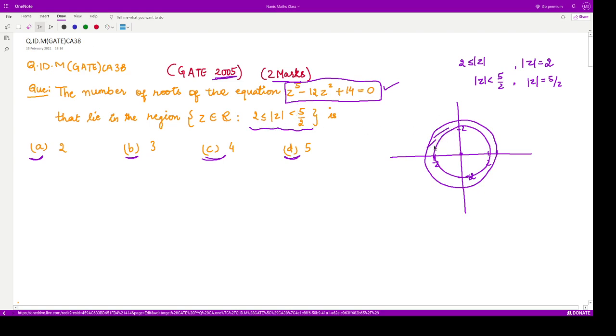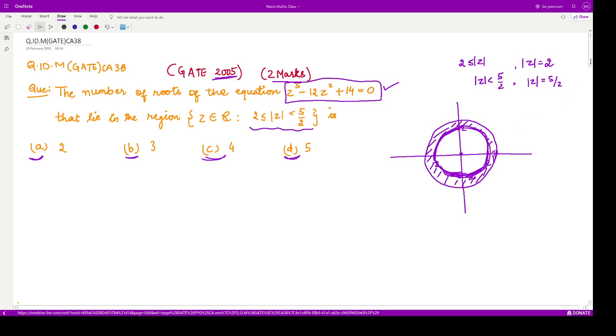So our region is this ring region, which is called an annulus, and this boundary, having radius 2, is being included in our region. So they are saying in this particular region find the number of zeros of this equation.